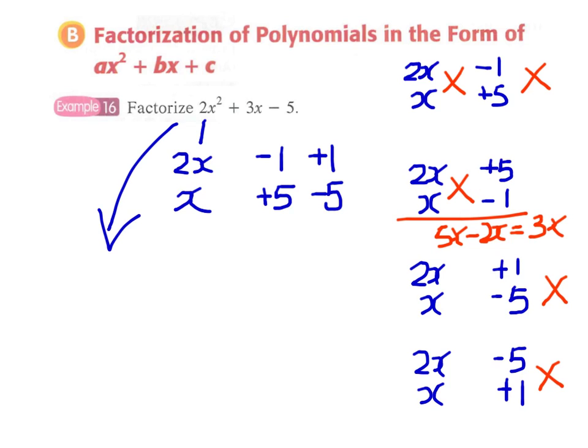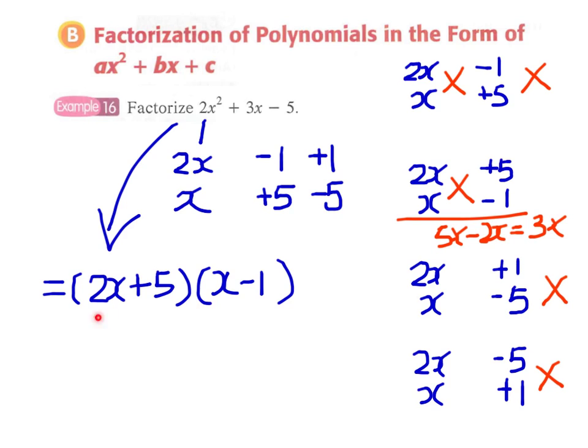And now we can write the two factors: 2x plus 5 and x minus 1. And in fact, to play safe, we always need to check our answer by expanding the two factors.